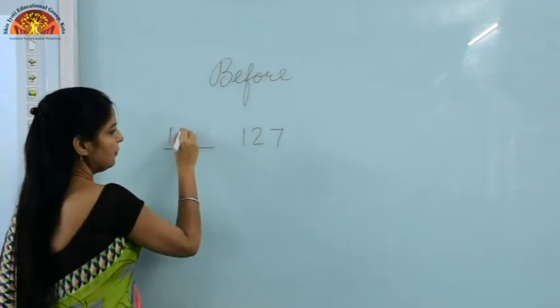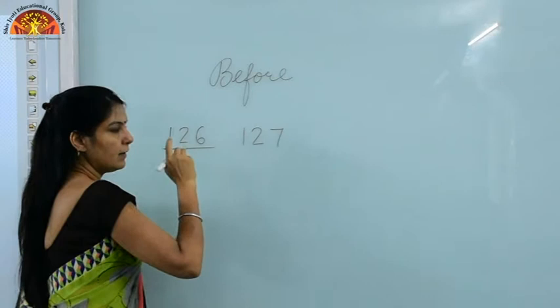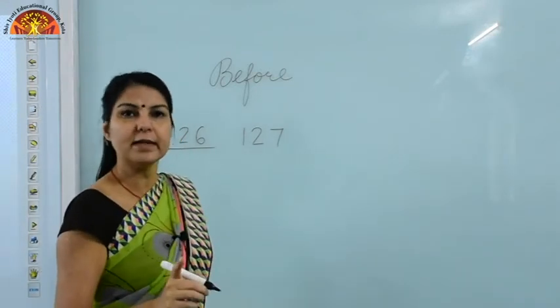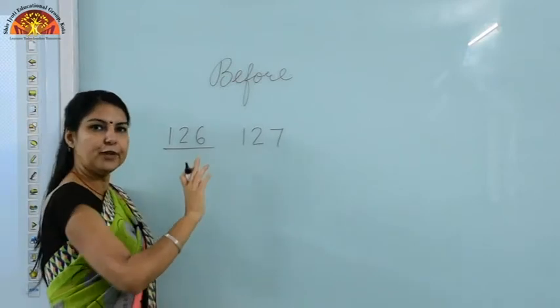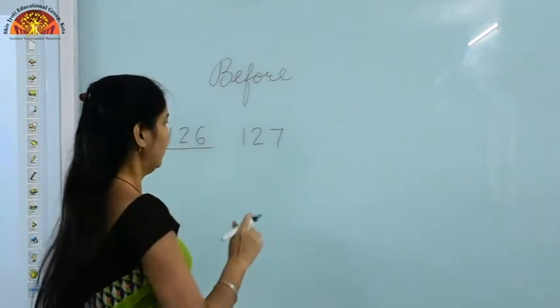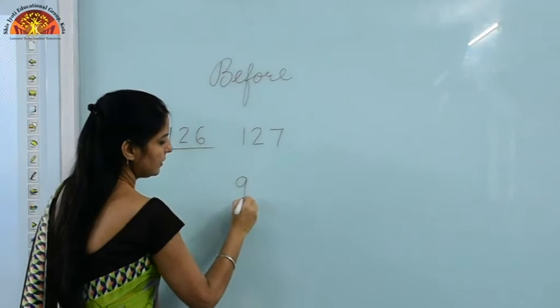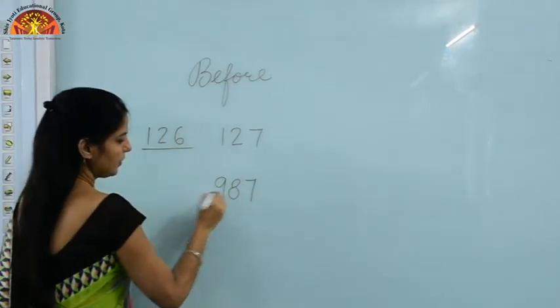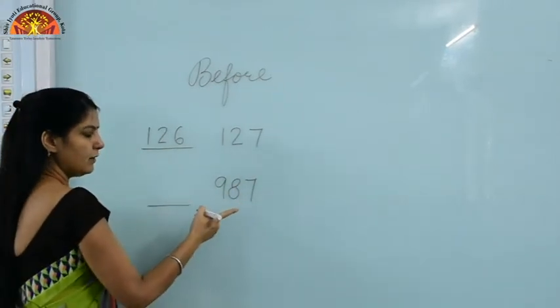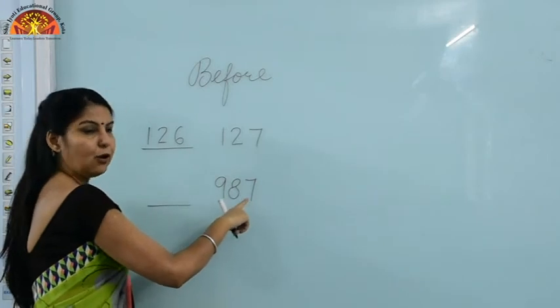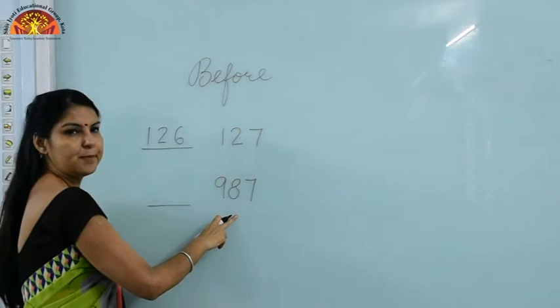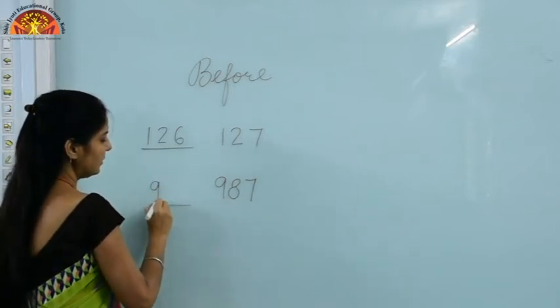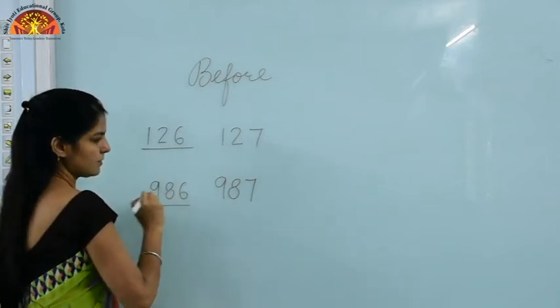It will be 126. And in another way you can say the number which comes just previous to the given number will be the before number. Let's see one more example. 987. For the before number of this, you can subtract 1 from it, or you can see the number which comes just previous to this number. This is 986.